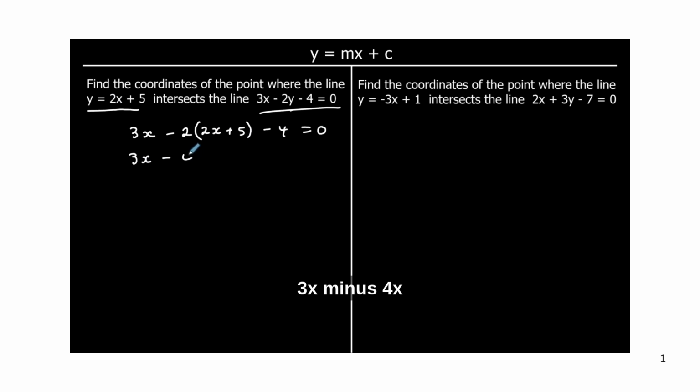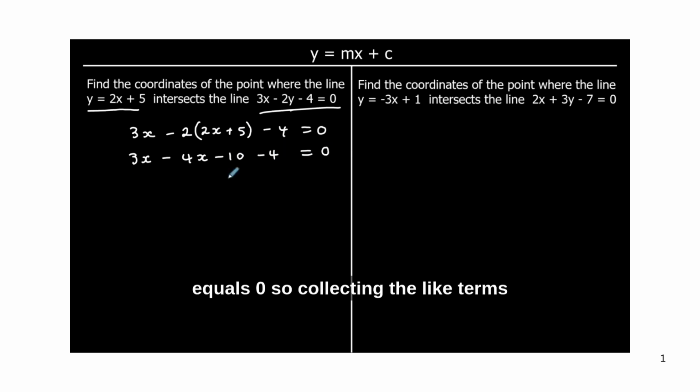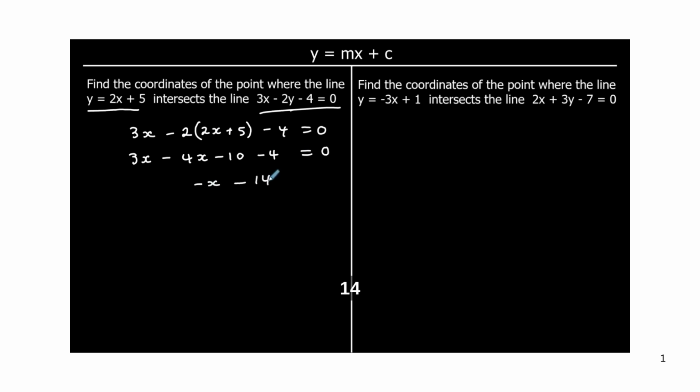3x minus 4x minus 10 minus 4 equals 0. So collecting the like terms, negative x minus 14 is equal to 0. So x is equal to negative 14.